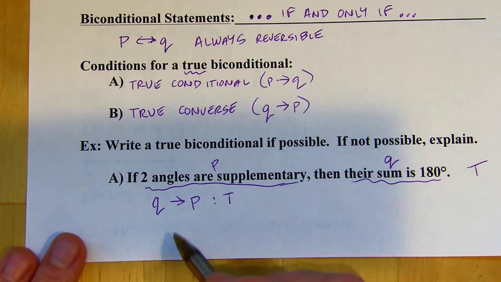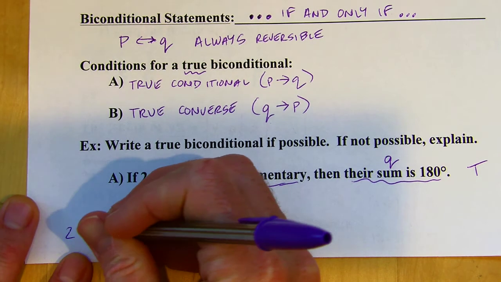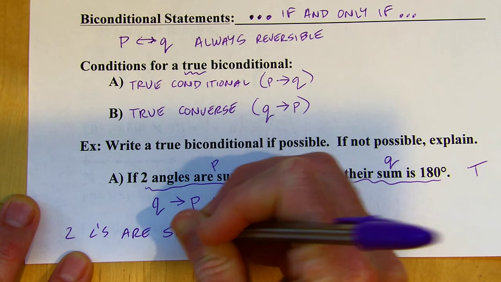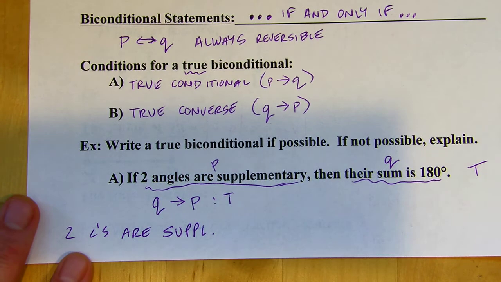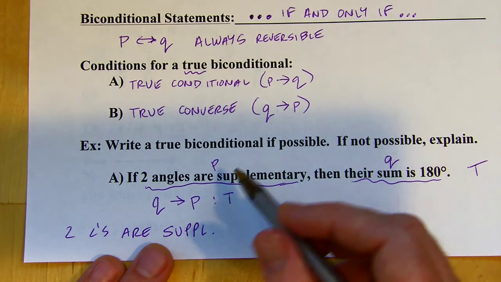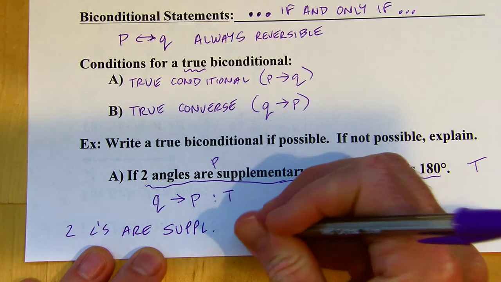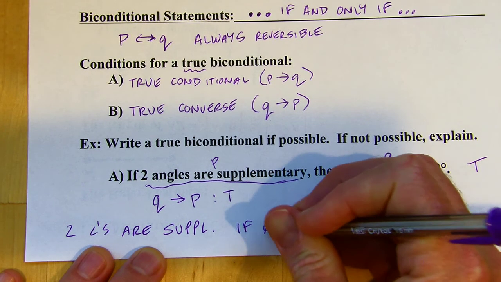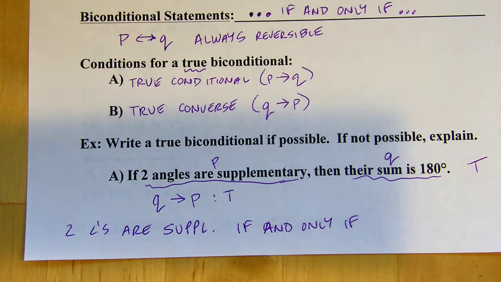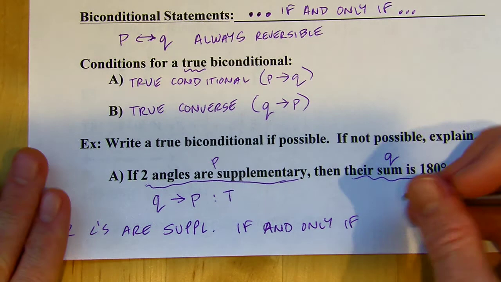So I can say something like this: two angles are supplementary. I'm going to abbreviate a little bit to make this quicker. Two angles are supplementary. That's the hypothesis, and then if and only if their sum is 180 degrees.